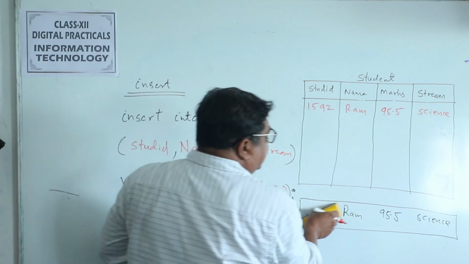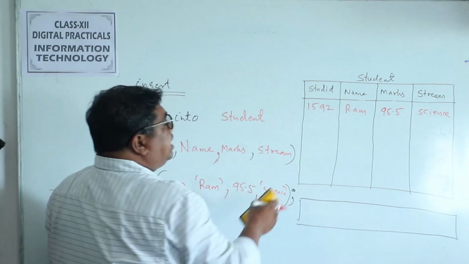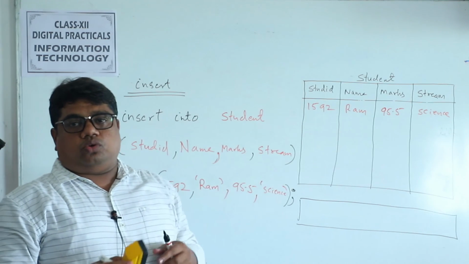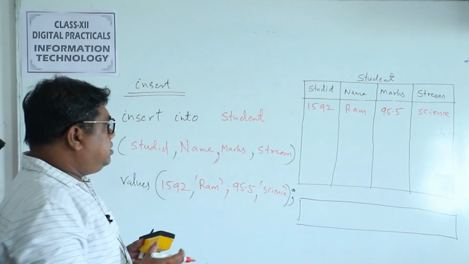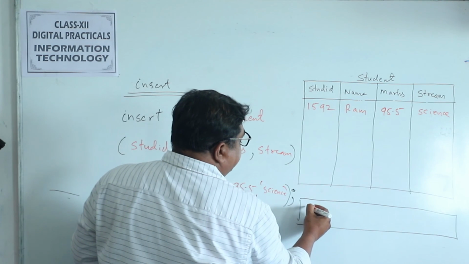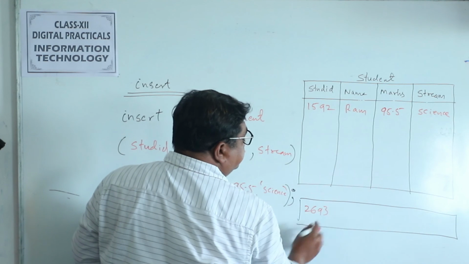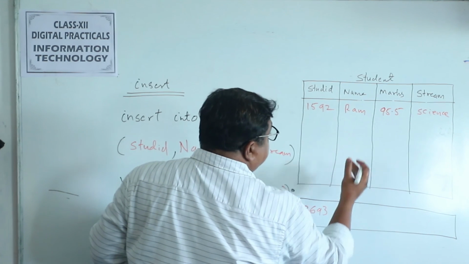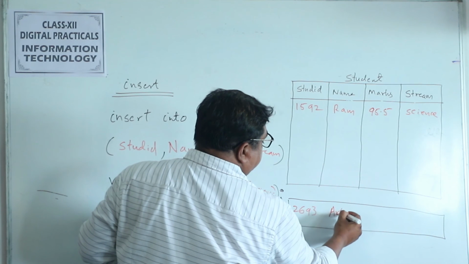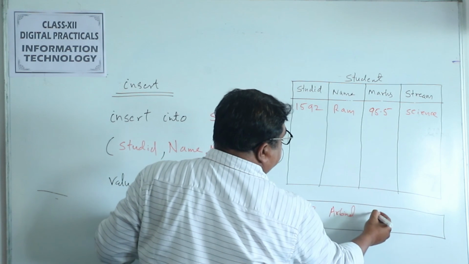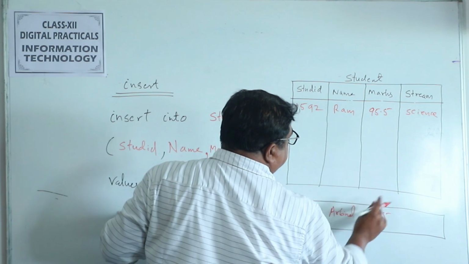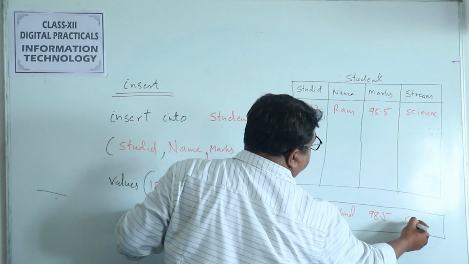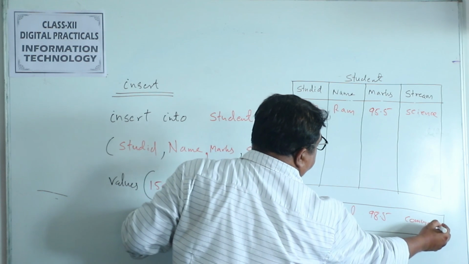Now we want to enter another row to this table. Suppose that data is 2693 and the name is suppose Arvind, marks suppose 98.5, and suppose I will store the stream as commerce.